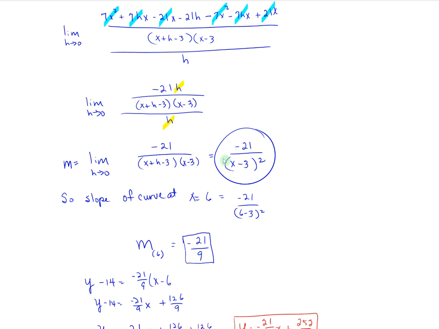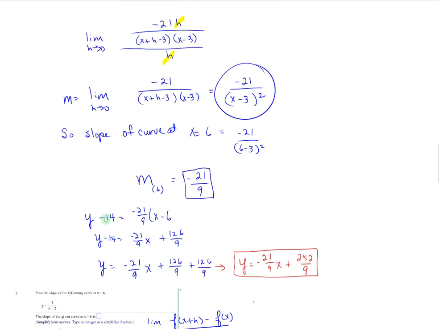I had to get the general equation for it, and then at any point I can get a specific slope. Then you plug into your point slope form and algebraically clean it up, and you do get negative 21 over 9 x plus 252 over 9. It's going to expect fractions in your answers, not decimals, so be sure you're paying attention to that.